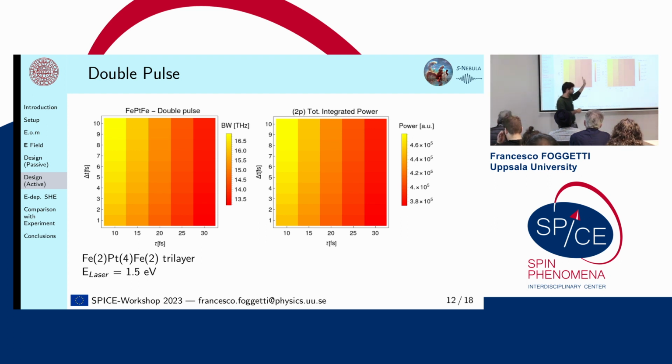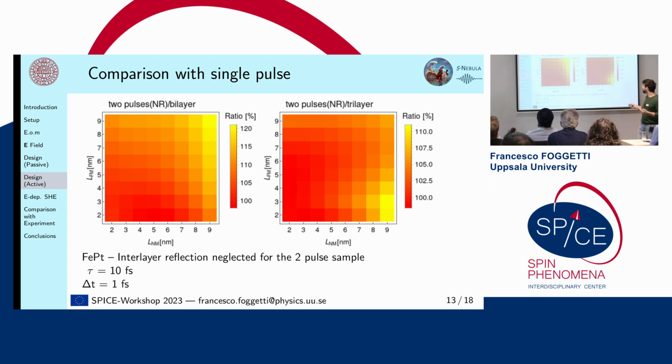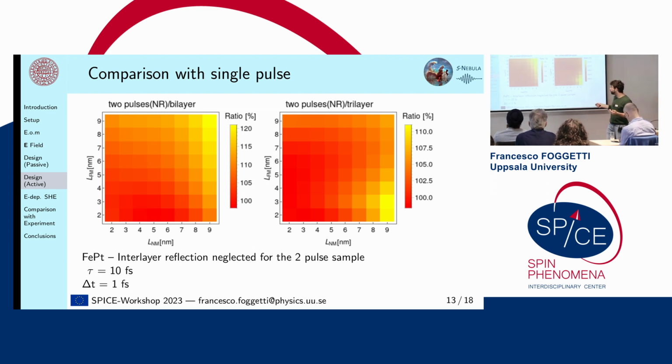And that goes for the integrated power. I use the same thing. But the interesting part is comparing that with the bilayer, in which I send just one pulse. And overall, every configuration, every thickness that I can choose gives me at least the same degree of bandwidth as the bilayer case.